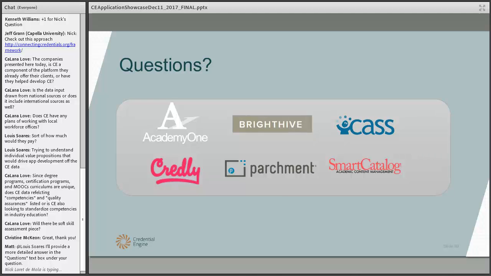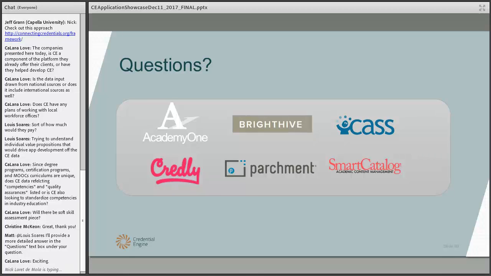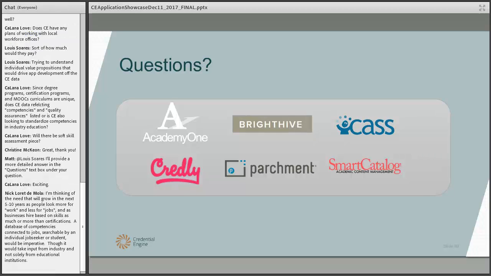And the next question that came in was, is the data input drawn from national sources, or does it include international sources as well? So initially, the credentialing information that is in the Credential Registry is based out of the United States. Of course, many of those credentials are valid on an international basis.